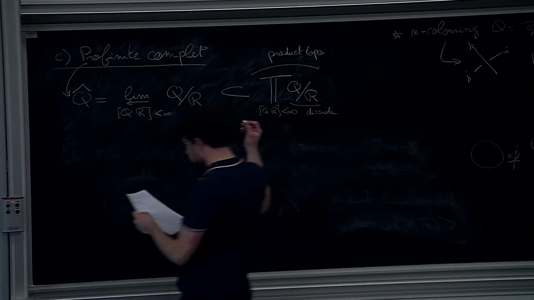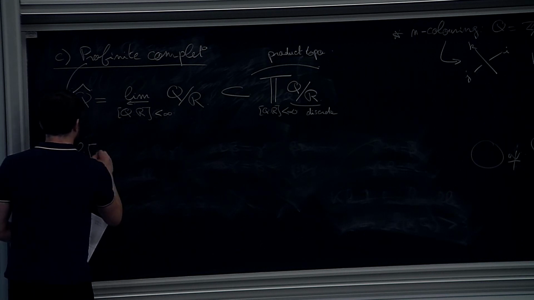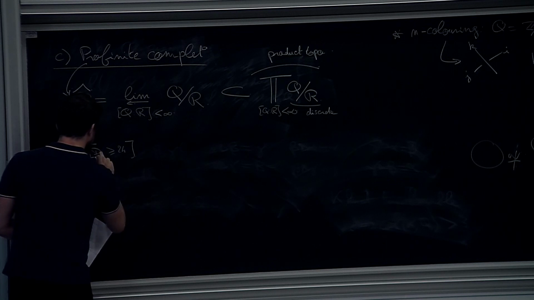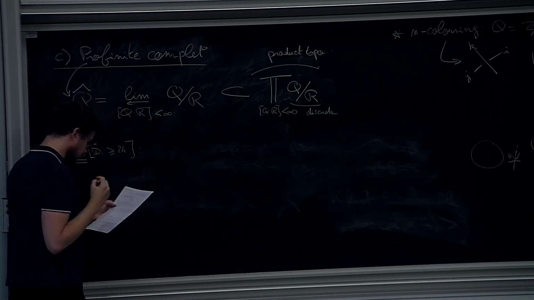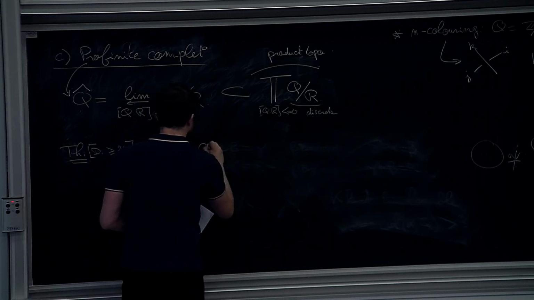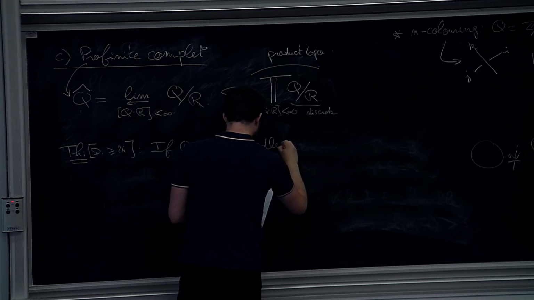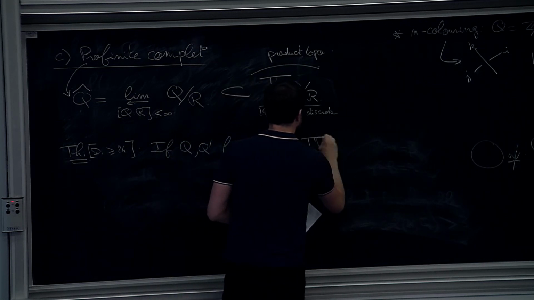And so let me state the theorem, which is not yet on the archive, but soon, hopefully. If Q and Q prime are finitely generated quandles, the following are equivalent.